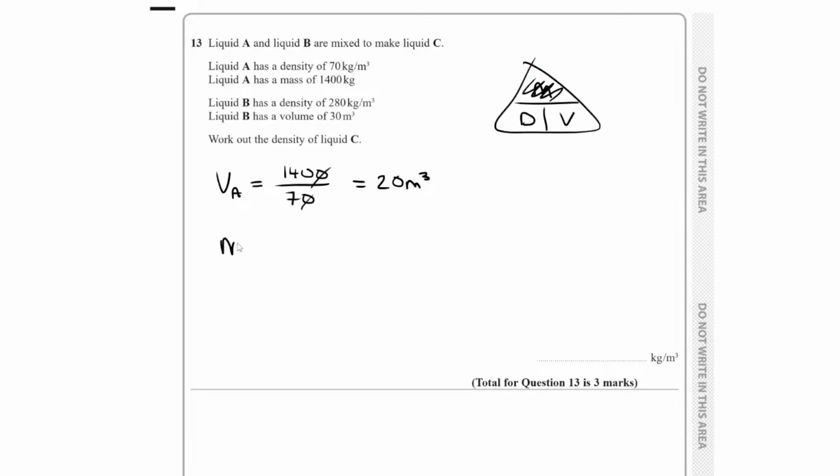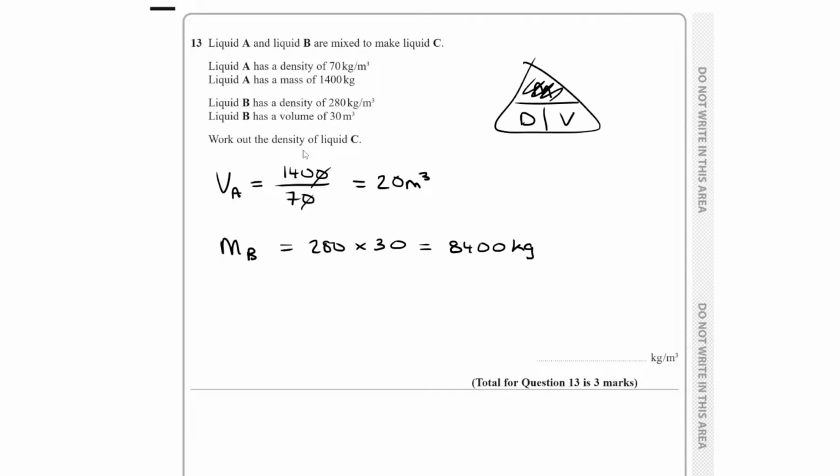So to find the mass of B, I need to multiply the density and the volume. So 280 times 30, I just did 28 times 3 and added 2 zeros. So 28 times 3, 60 plus 24, 84, then 2 zeros. So you should get 8,400 kilos for mass.